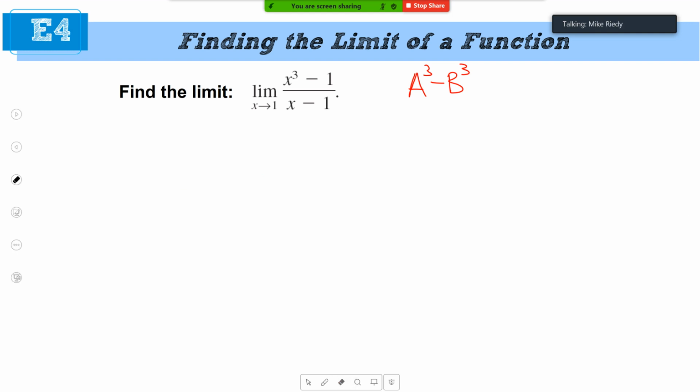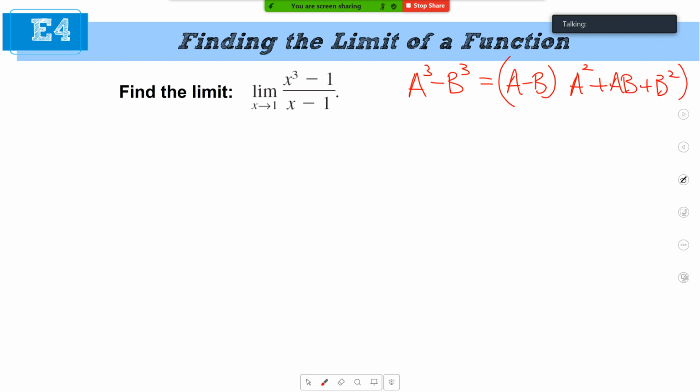This is one of those obscure things, one of those weird math things that nobody should really know. Okay, but anyways, whoops. Okay, equals A minus B times the quantity A squared plus AB plus B squared.